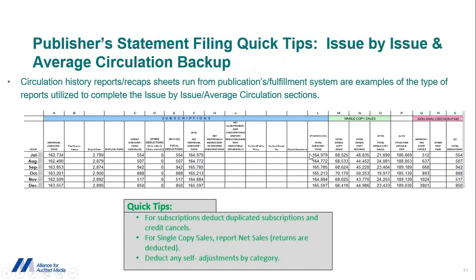One thing to keep in mind when you are reporting information in the issue by issue section, as well as the average circulation, is that for the subscriptions, you need to make sure you take out your duplications as well as your credit cancels. So subtract out your dupes and the credit cancels. Single copy sales should be net, meaning returns have been deducted. And also, if you have any self-adjustments for any categories, those should also be applied.